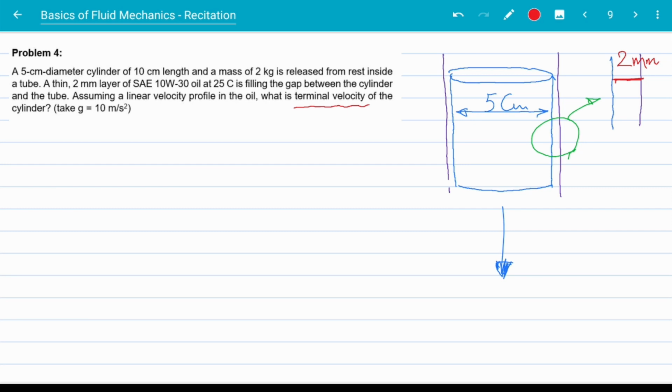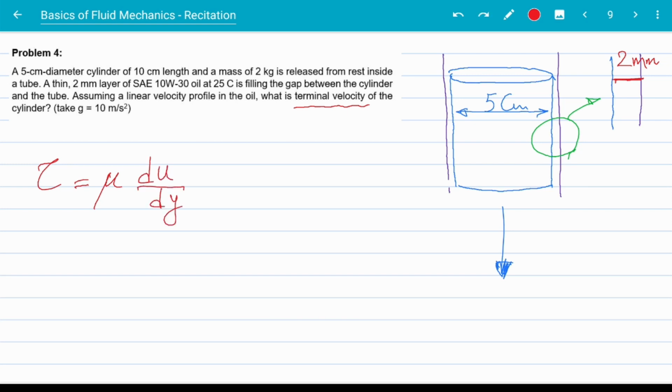We also referred to the viscosity and the shear stress that the oil applies on the cylinder. In order to find the shear stress for a Newtonian fluid, which we know oil is, generally speaking, unless stated otherwise, we can follow this equation. Tau, shear stress, is equal to mu, the absolute or dynamic viscosity of the fluid, times du/dy.